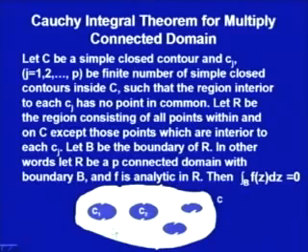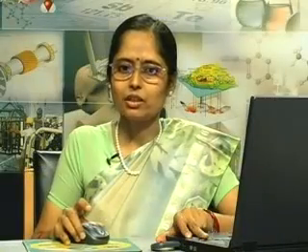Then if we take the boundary in this sense, along this complete boundary, that is C plus C1 plus C2 and so on, the integral of an analytic function would be 0. This is the extension of the main Cauchy theorem, which says that along any simple closed contour in a simply connected domain, the integral of f(z) along that contour C is 0. Here we are having it on the boundary.